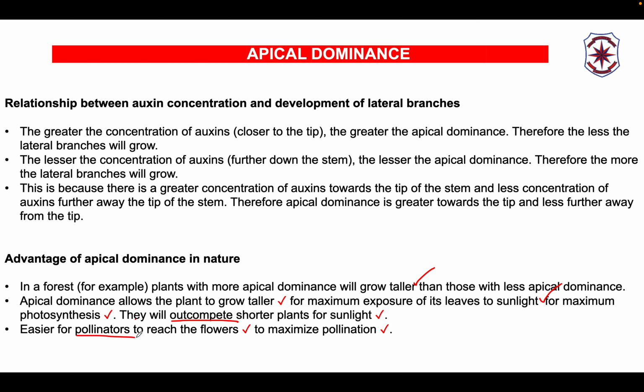So it will be pollinated more easily, ensuring maximum pollination. The more pollination we get, the more fruits we can potentially get from the plant. And then apical dominance helps the plant to have an upright position so that the seeds that fall from that plant can be distributed by wind more easily.